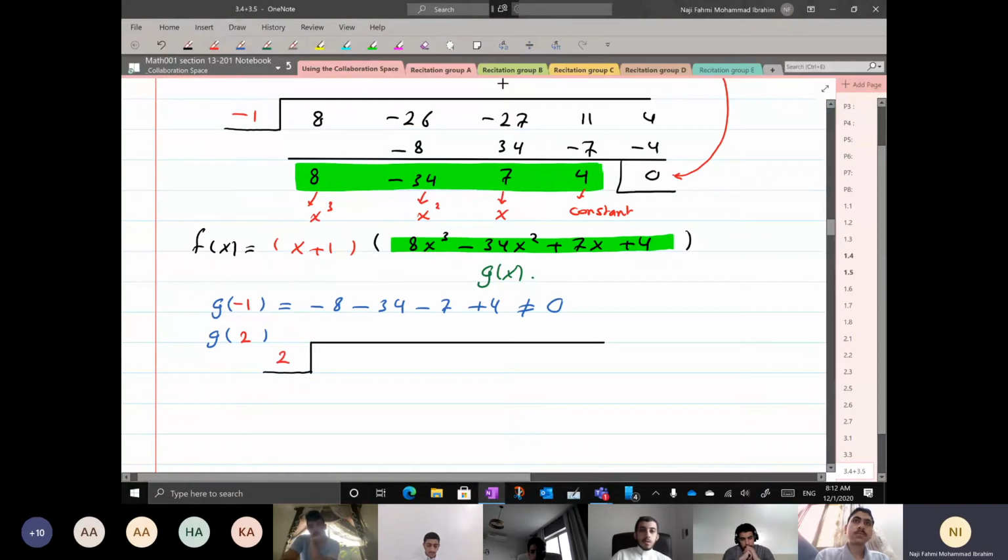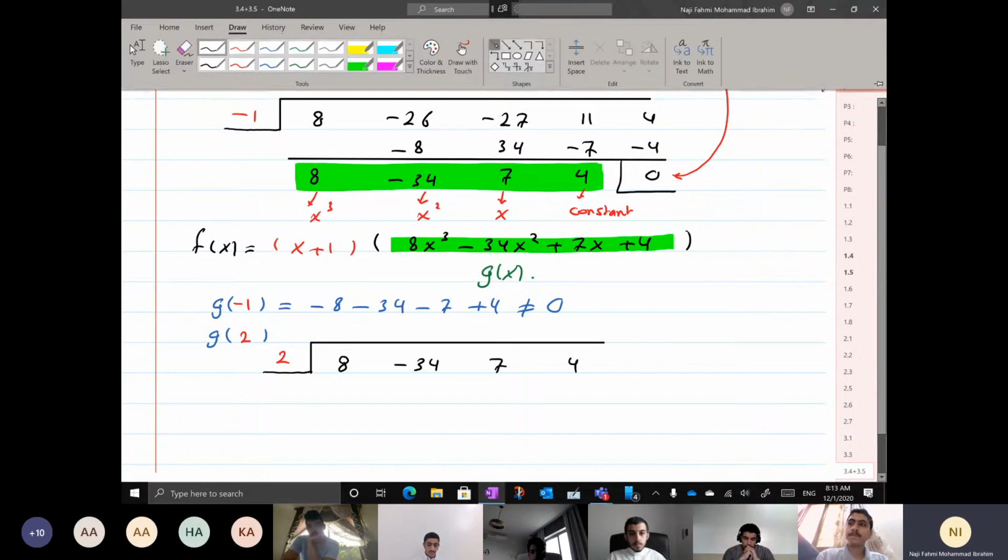If the remainder is 0, this is what we need. If it's not 0, we have to search for another one. So let's put the numbers: 8, then -34, 7, and 4.